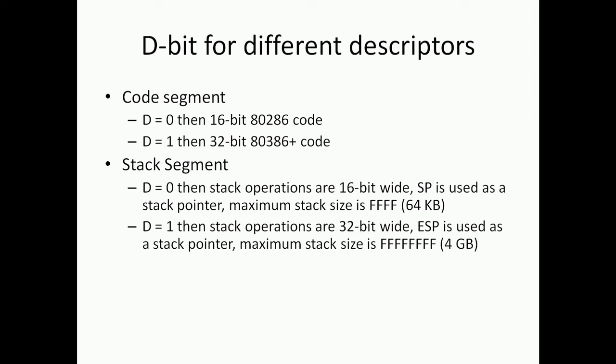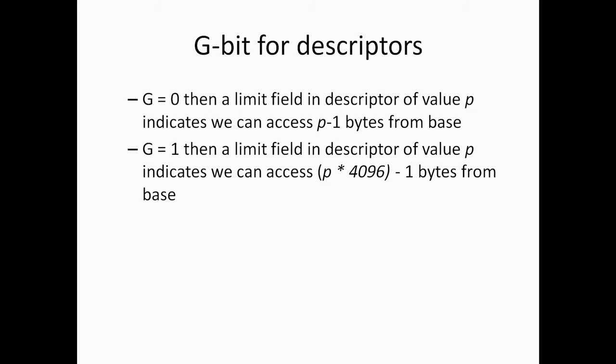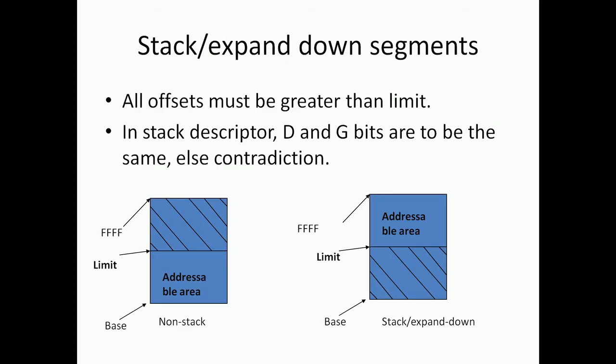When D equal to 1, then the stack operations are 32-bit wide, so ESP is used as the stack pointer, and you can go up to 4 GB of stack. These are the things that we need to understand. And G equal to 0, then a limit field in the descriptor of value p indicates we can access p minus 1 bytes from base. G equal to 1 means the limit is p times 4096 bytes.